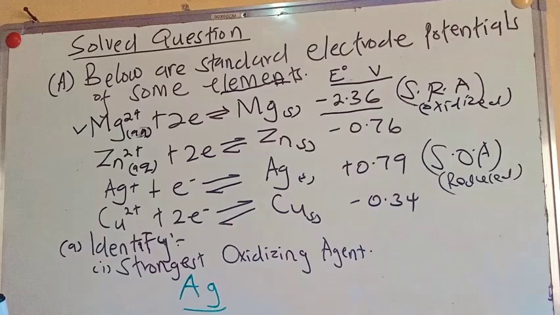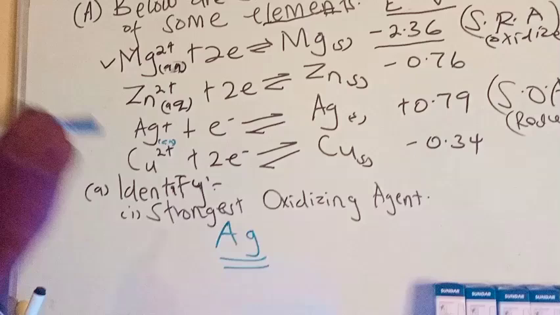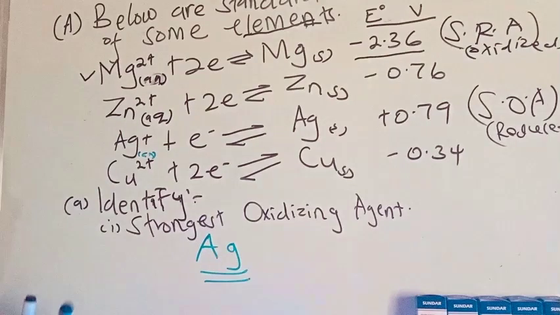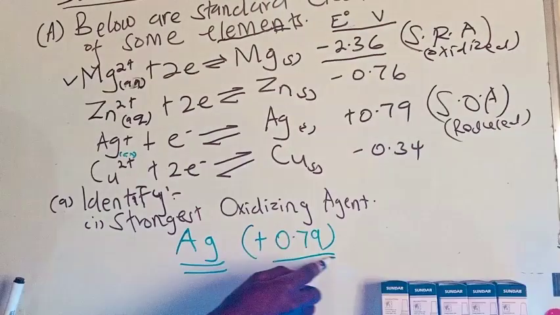You don't write the ions; you write the element, that is Ag. If they say identify the E value of the strongest oxidizing agent, then you give the E value, which is positive 0.79. That is Roman 1.